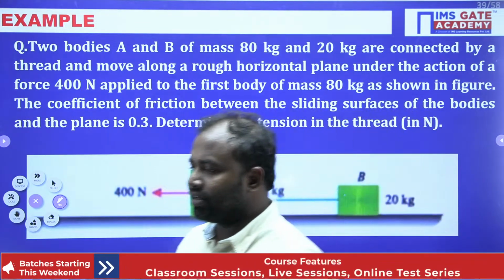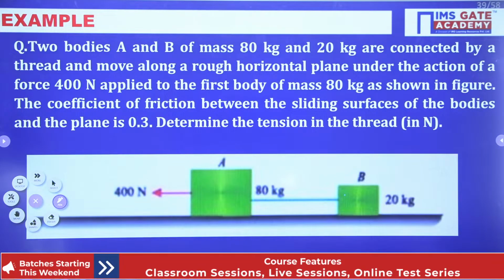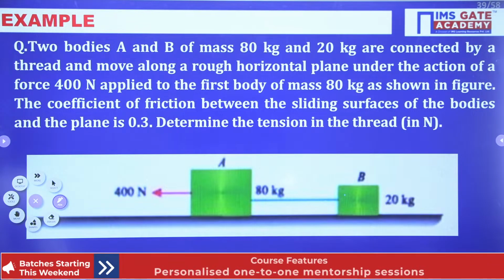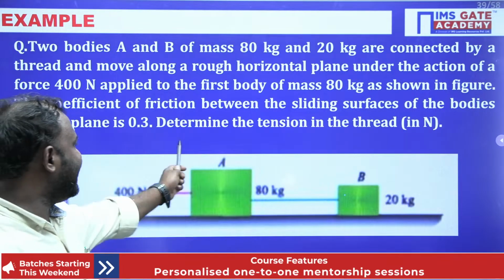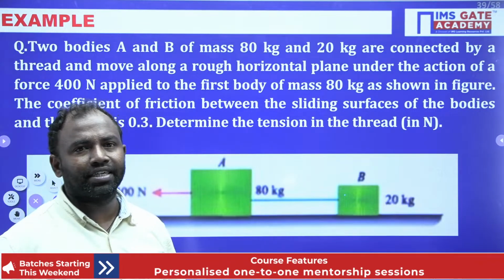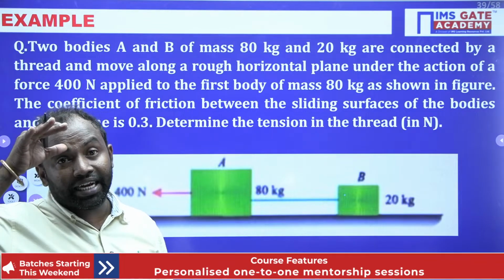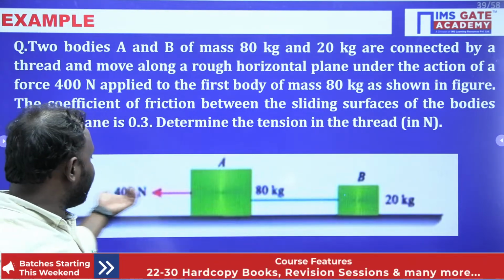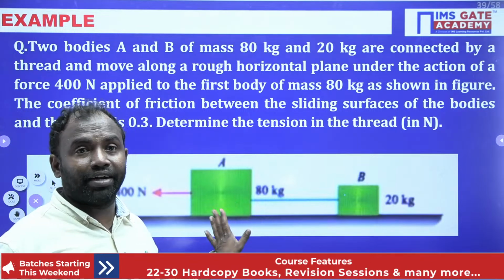So two bodies are given, and the masses are given, which are 80 kg and 20 kg, right? Now it is connected by the action of a horizontal force of 400 newtons on a rough plane.